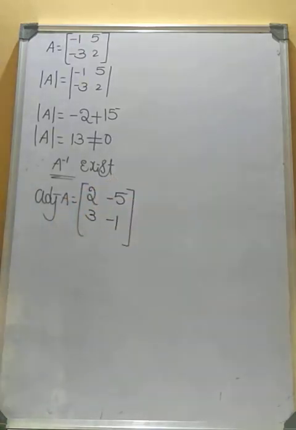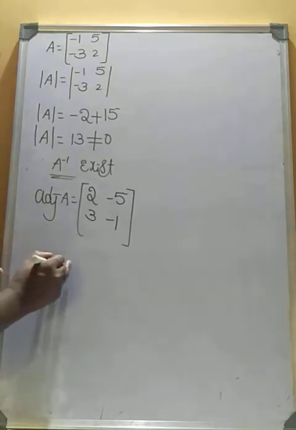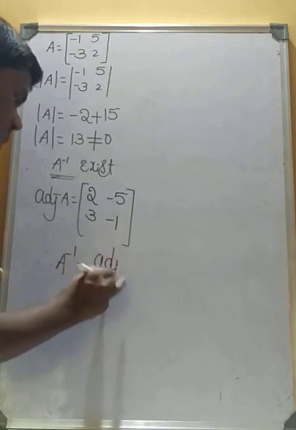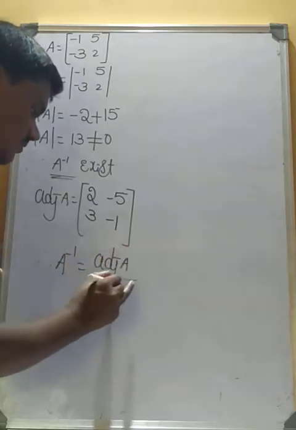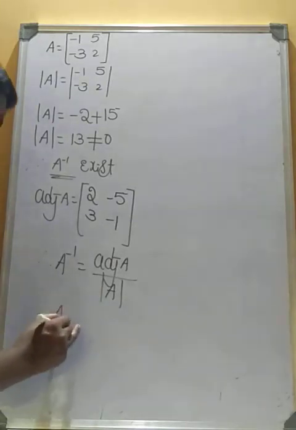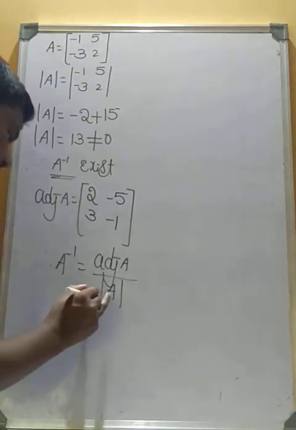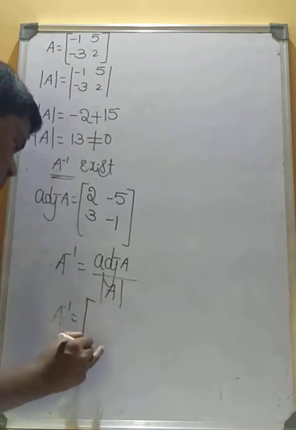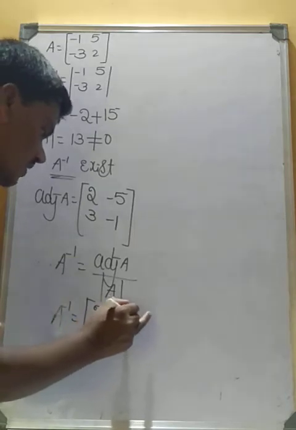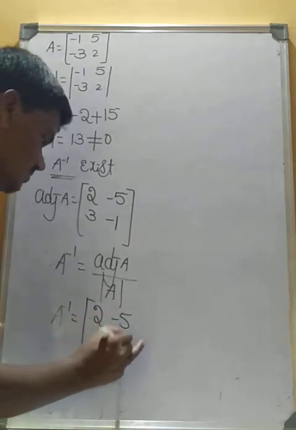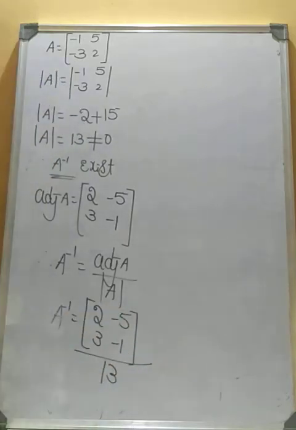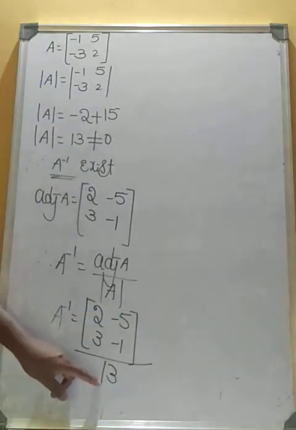So adjoint A. Therefore A inverse is equal to adjoint A divided by determinant of A. Adjoint A is 2, minus 5, 3, minus 1, divided by 13. The value of the determinant is 13.